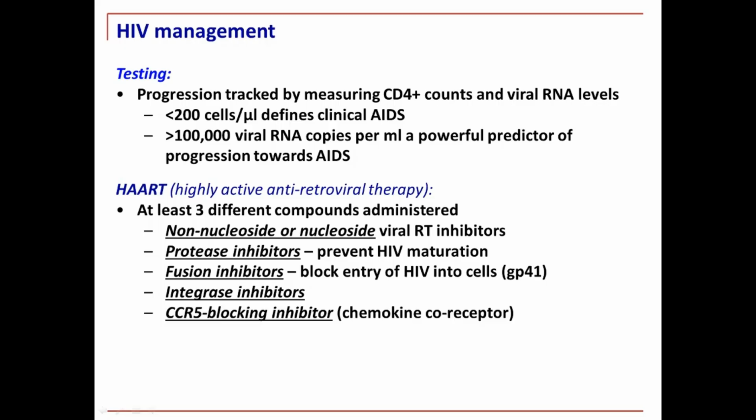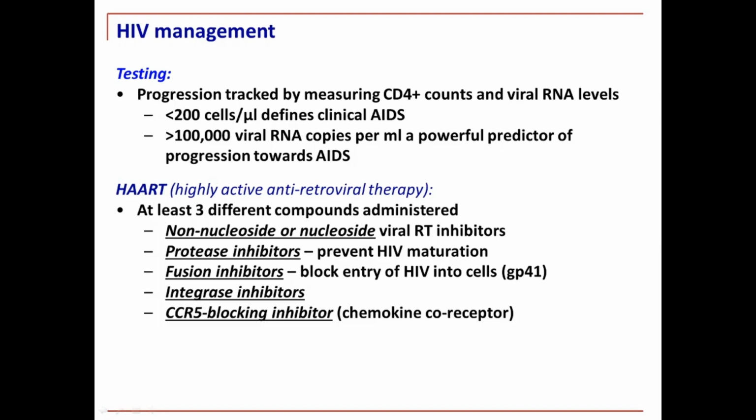You've got some fusion inhibitors. Fusion inhibitors, obviously, inhibit fusion of the HIV envelope, its membrane, with the cell membrane of the host cell, of the CD4 cell, for example. So they're blocking entry of HIV into cells. GP41 is just the fusion protein that mediates fusion. You've got integrase inhibitors.